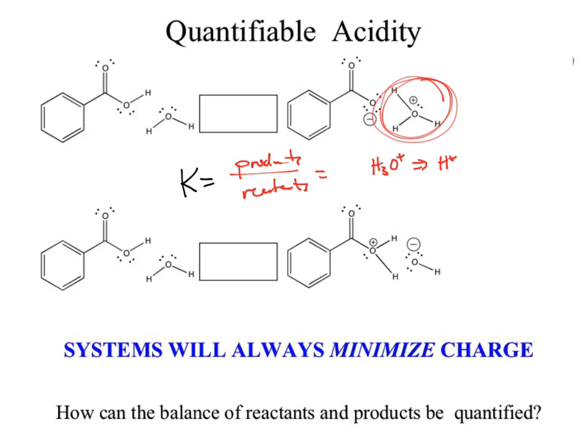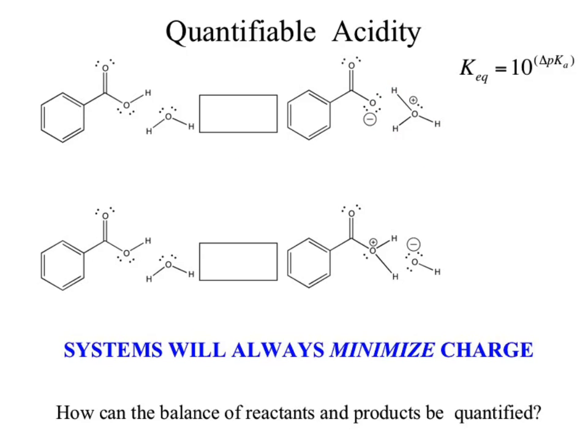How could we use that to identify what's going on in here? Well, I want to be able to predict which of these reactions is more valid. Because it's the same thing. I'm starting with the same thing. So I could go through and look up the pKa for these species. The pKa for a benzoic acid is something like 4.2.